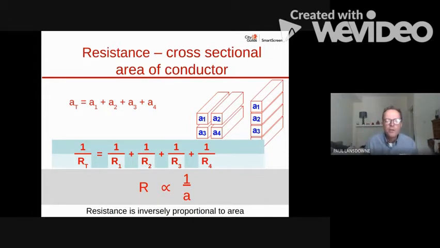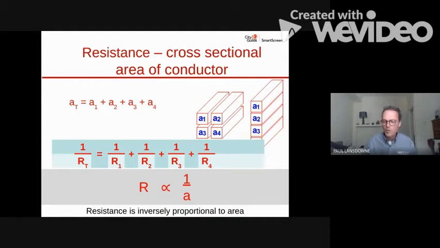As we've seen with resistors in parallel, if we have a thicker bit of cable, the resistance of the cable reduces. If we had a 1mm cable, it would have a resistance, and then if we had a 4mm cable, that resistance would have gone down because we would have added it in parallel. So resistance is inversely proportional to area. The bigger the area, the resistance goes down.